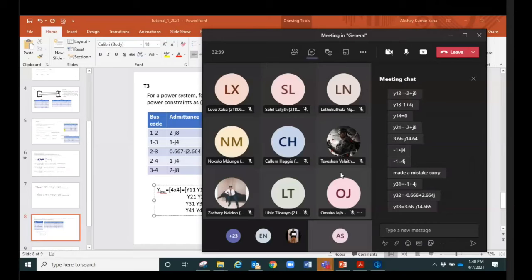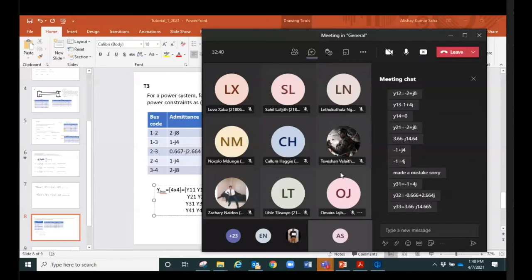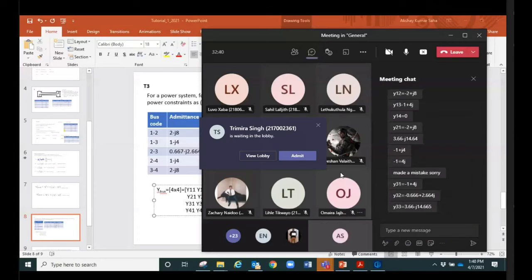So what do we need to do now? We have been given V2 is equal to 1.04, but we don't know the angle. So we assume 0 degrees to start.